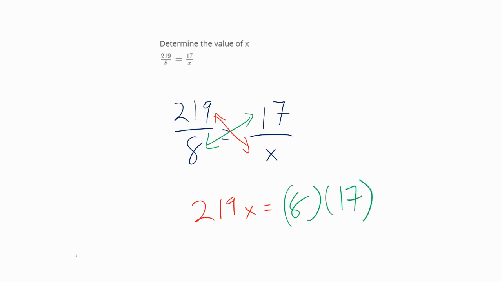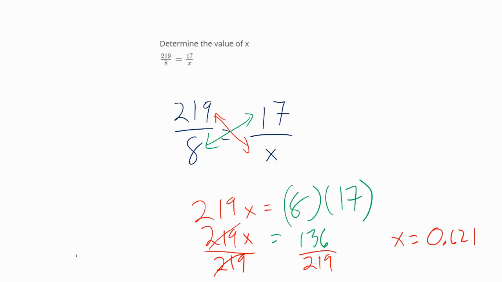So 8 times 17 is 136. So 136 equals 219x. And then again, because this is a multiplication, you want to do a division, which is the opposite of multiplication. And what you do to one side, you do to the other. So x is going to equal 136 divided by 219, which is 0.621.